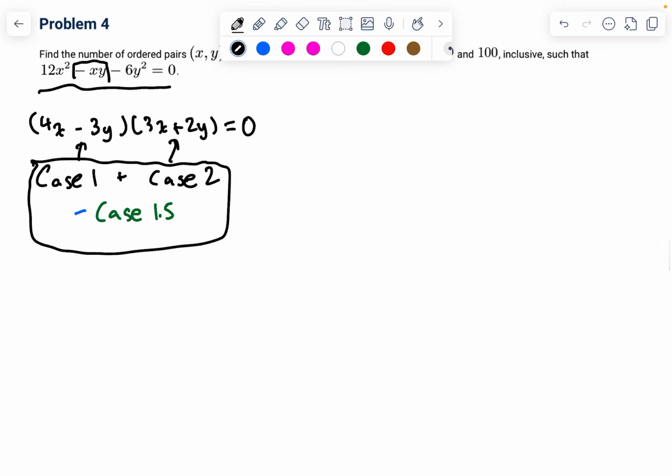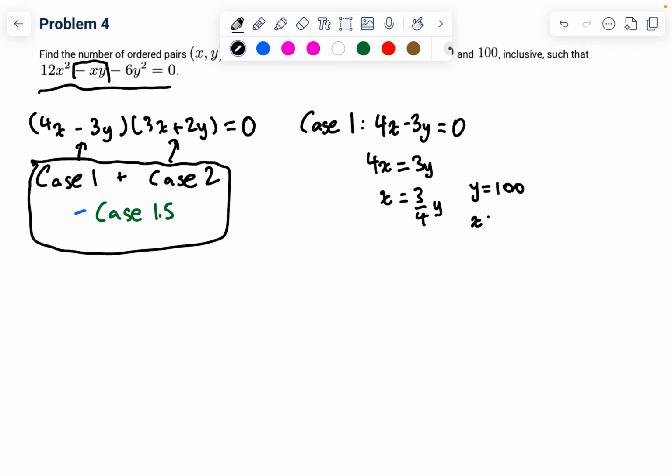Okay, so let's jump right into case 1. 4x - 3y = 0. That means that 4x = 3y, so x = 3/4 y. And that means that if y is 100, x equals 75.